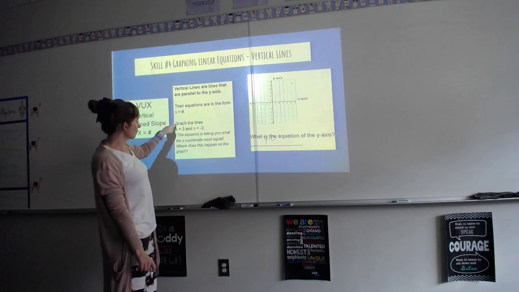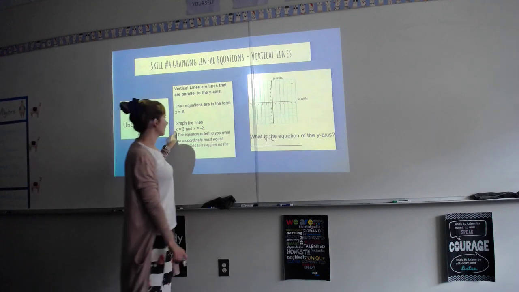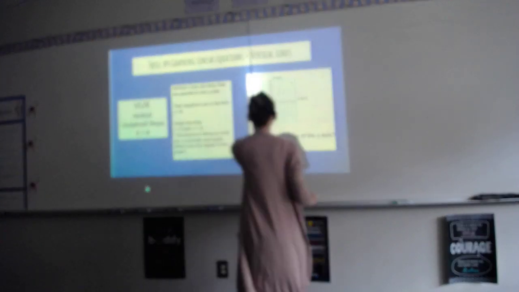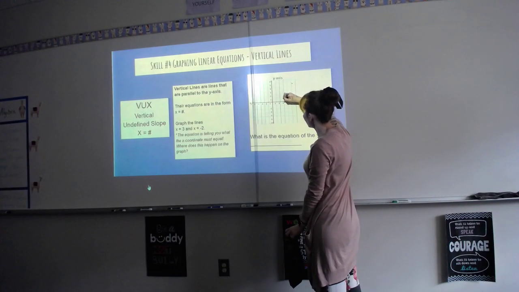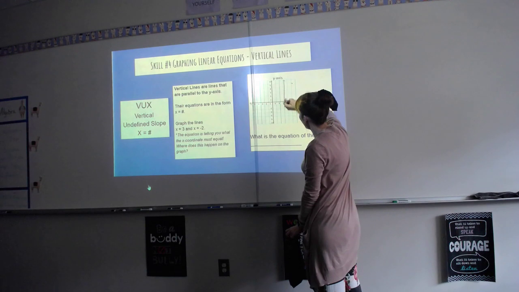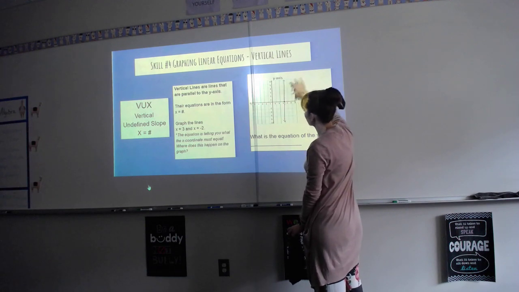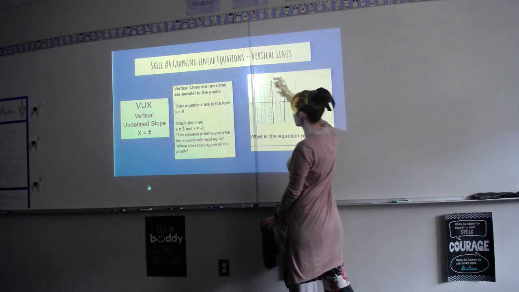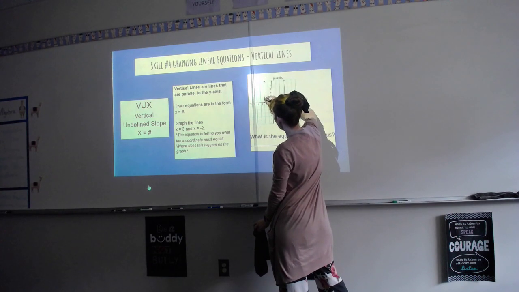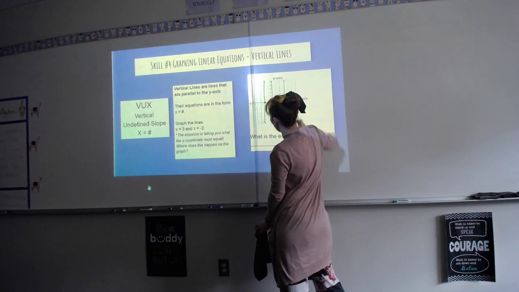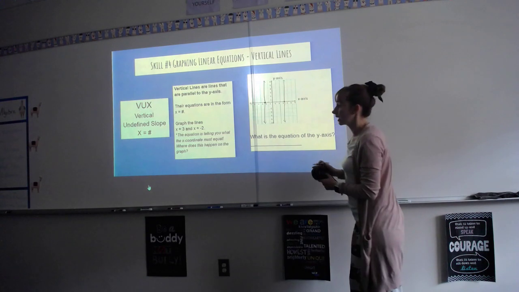So we're going to graph the lines x equals 3 and then x equals negative 2. So I come over here to the x-axis, plot my point at 3, and I see that I have a vertical line. And then I do the same here for x equals negative 2, plot my point, and I have another vertical line.